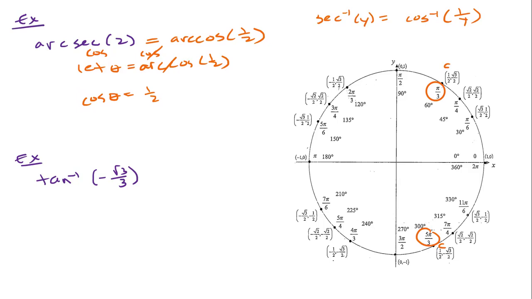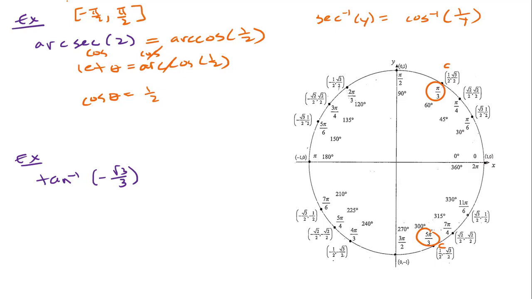Just like the inverse sine, we are restricted in the domain or the range of our inverse. So if we look at our formula sheet, it tells us that for our inverse cosine, we can be between negative pi over 2 and positive pi over 2.